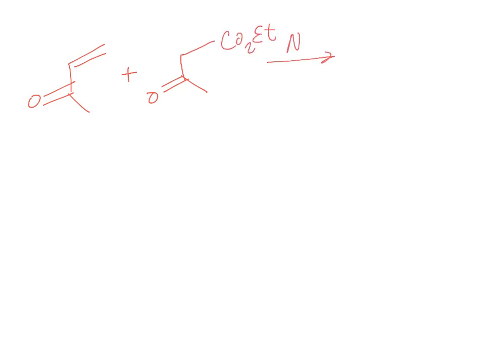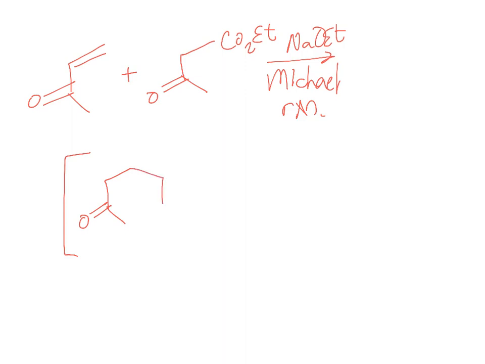After we use our strong base and we do our Michael reaction, our intermediate, or the end of that step, looks like this. There's our product of our Michael reaction.